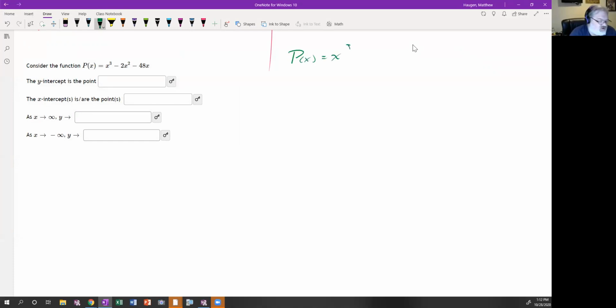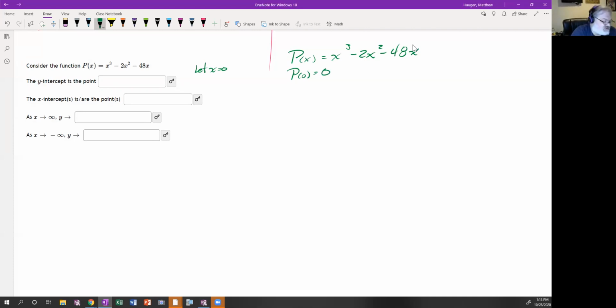So let's talk about all those pieces just to be complete here. We find y-intercepts by letting x equal 0, right? So when x equals 0, we're finding p at 0. That's going to be 0 minus 0, so it's going to be 0.